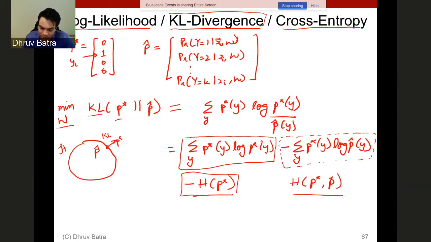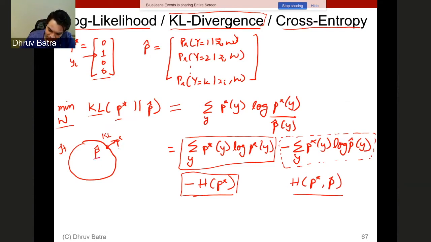In this case, by the way, the entropy is 0 because there is no uncertainty in P star. It's a one-hot distribution. P log P will give you 0 for all values because we define 0 log 0 to be 0 and 1 log 1 is 0. So there is no uncertainty in this distribution, but even if there were uncertainty in reality, it doesn't matter because that uncertainty is not a function of your model class.